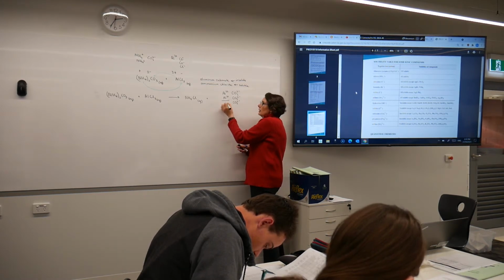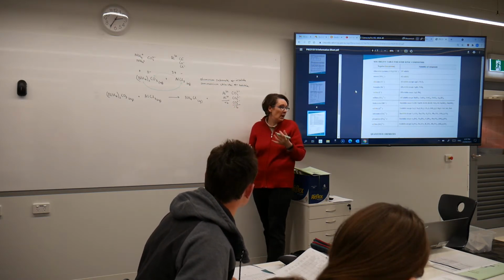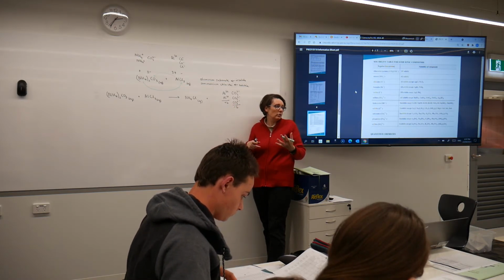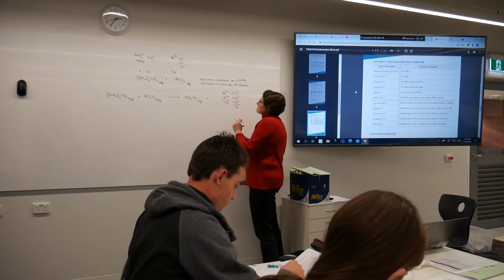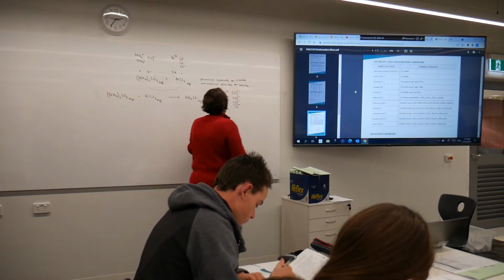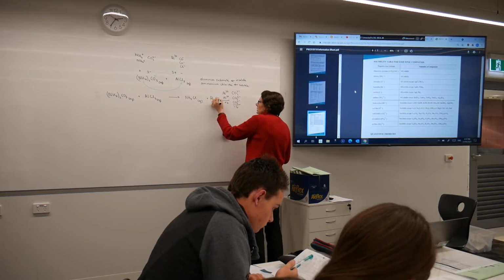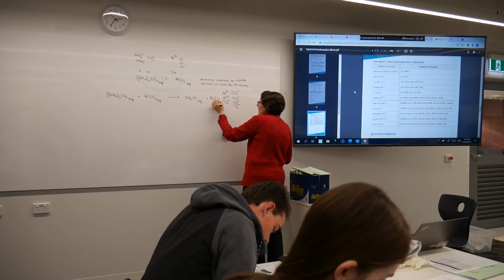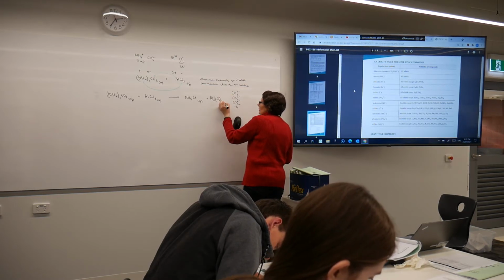Okay, because that'll end up adding up to +6 and that ends up adding up to -6 because we want no net charge. So our charges have to balance. So that means that my aluminium carbonate will be Al2(CO3)3.